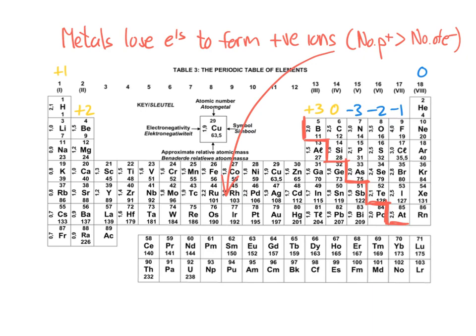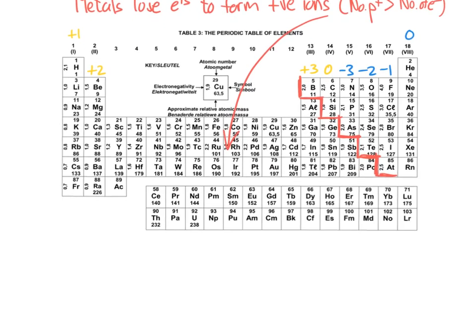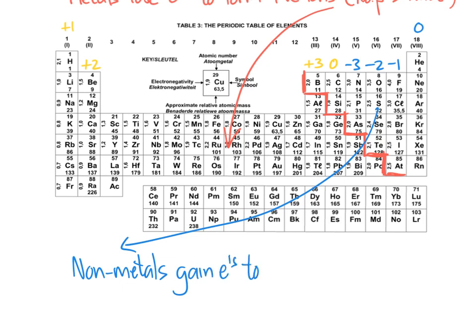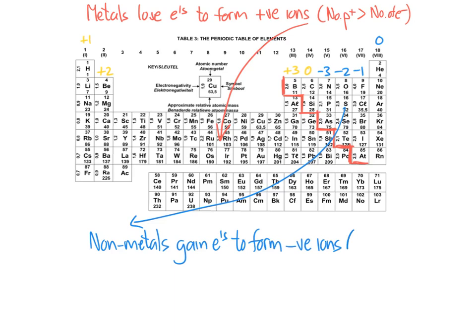Now let's look at the non-metals. So if we look at the non-metals, which are on this side, non-metals gain electrons to form negative ions, where the number of electrons is now greater than the number of protons.